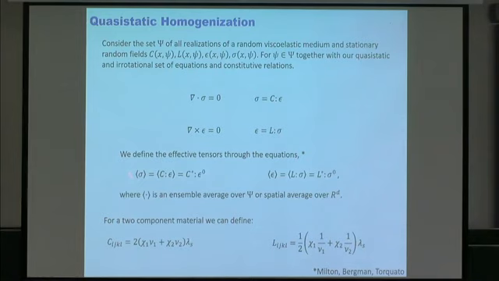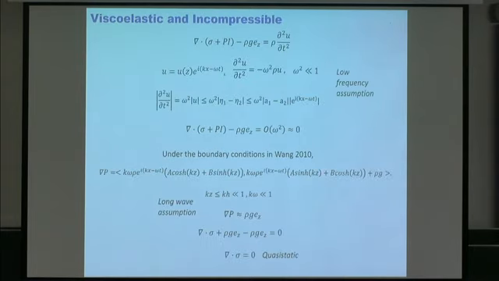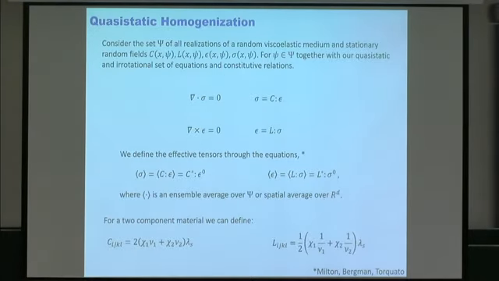So the average stress is then related to the average strain. And the tensor that does that is our effective elasticity tensor. And same goes for L. So the same thing, we're just averaging. So epsilon 0 is the average strain, sigma 0 is the average stress.